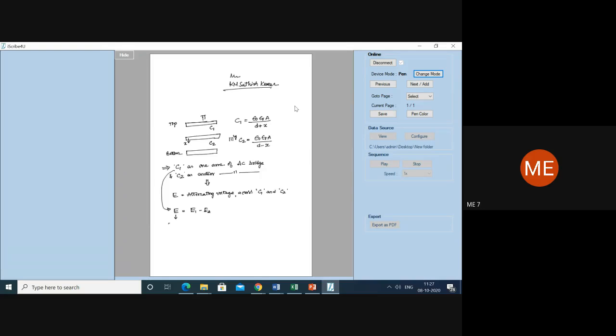This is nothing but the resultant alternating voltage. Because of C1, I am going to get E1. Because of C2, I am going to get alternating voltage E2. Hence, the resultant alternating voltage will be equal to E1 minus E2.